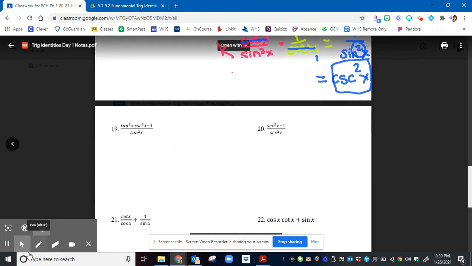So number 19. This is one where there's a couple of different ways you could do this. For the top part, tan squared times cosecant squared, cosecant squared is 1 over sine squared. So there's definitely a possibility that you could take this part right here and simplify it and see what that comes out to.